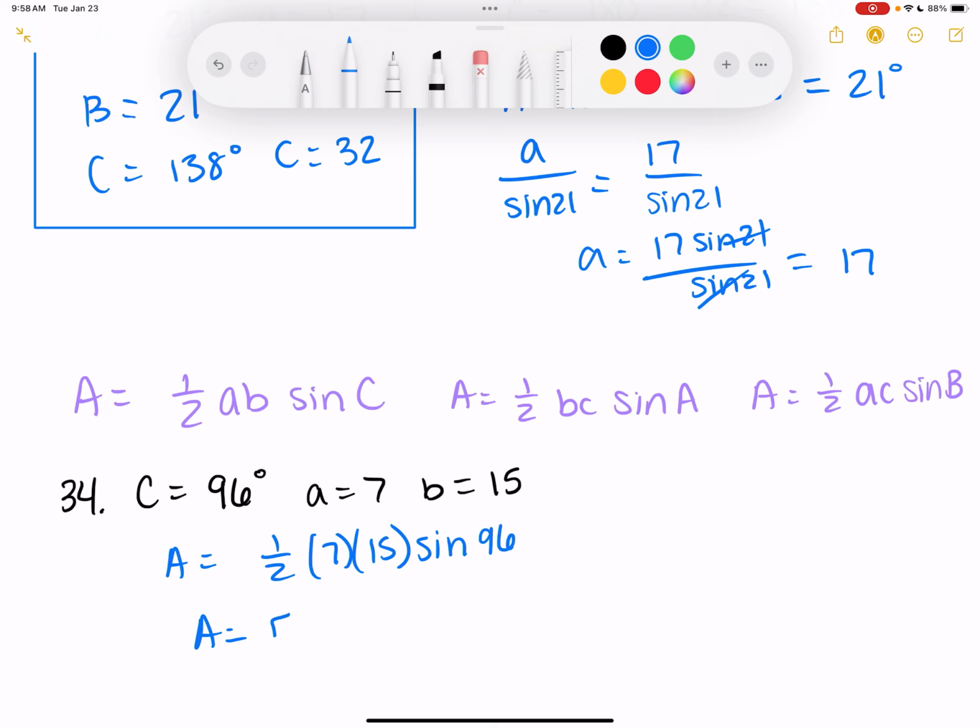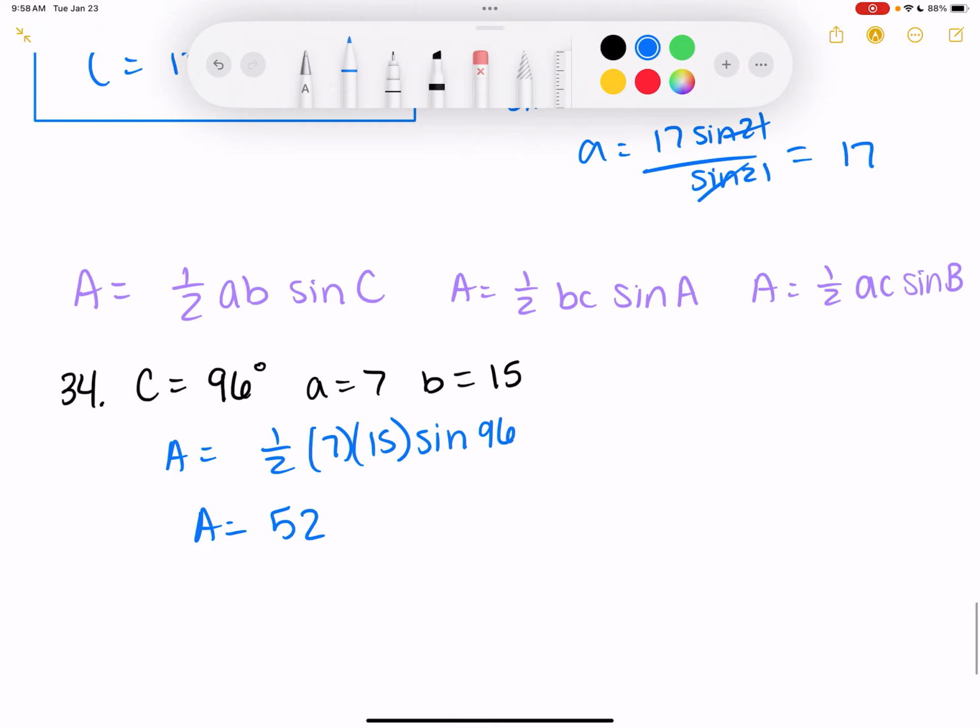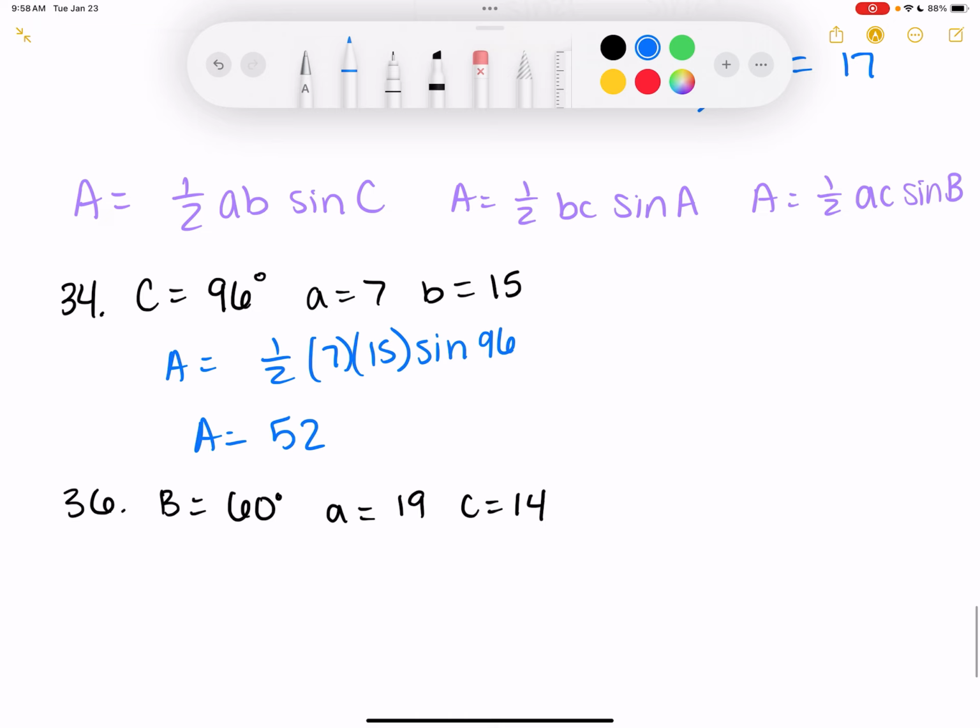And then 36. Angle B is 60 degrees. Side A is 19. Side C is 14. Same thing.